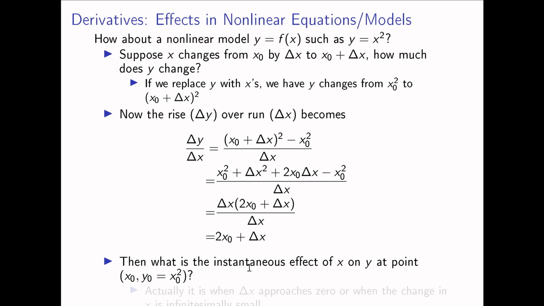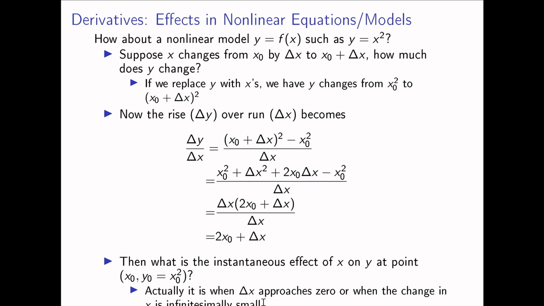But the question is, what is the instantaneous effect of x on y at point x0 and y0? Because that's the starting point, the point we're most interested in. So actually, it is when delta x approaches 0, when the change in x is infinitesimally small.